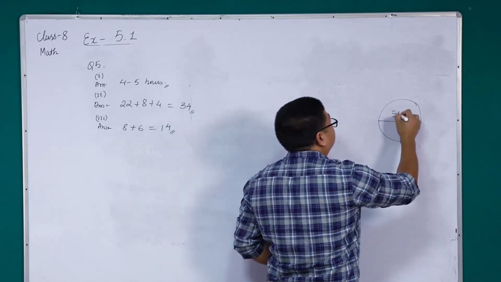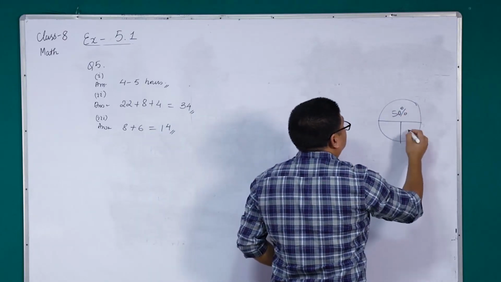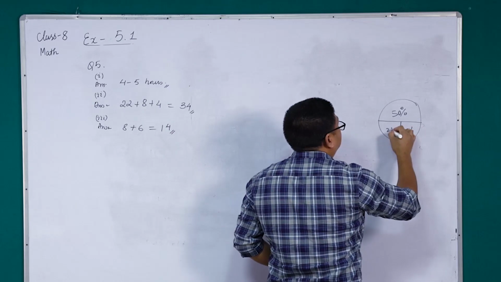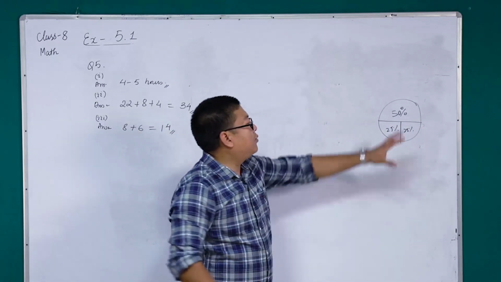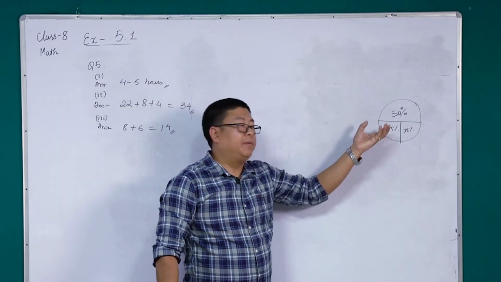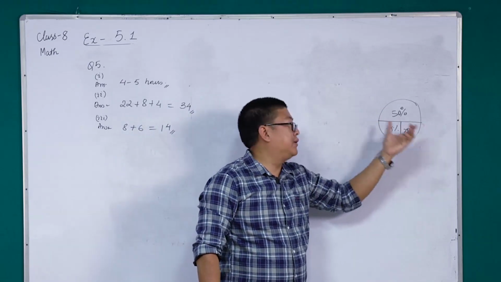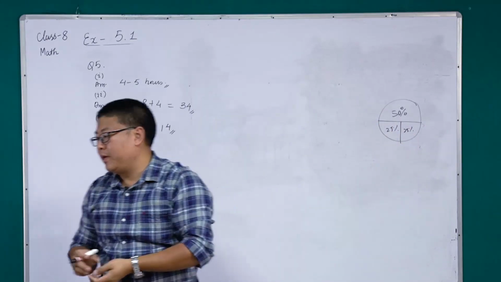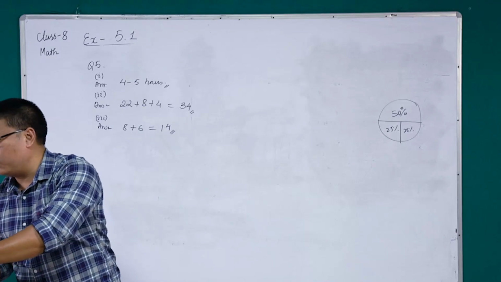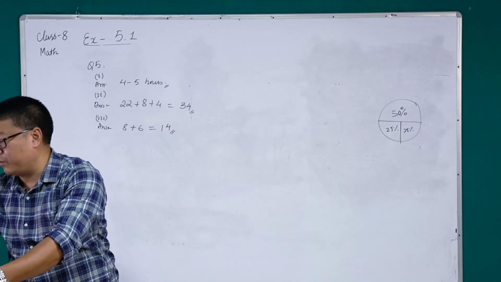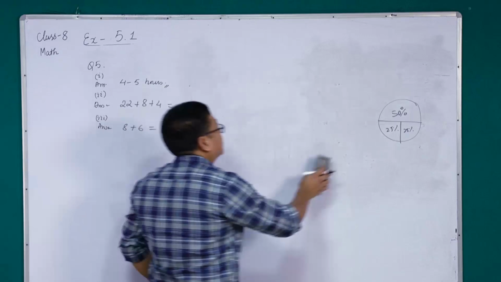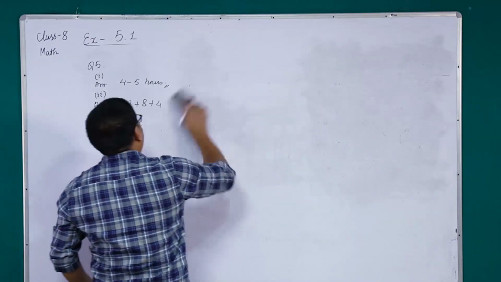For example, let this be 50%, let this be 25%, 25%. So this is how the pie chart will be distributed. It will change according to the question. Now this pie chart, we will be doing it practically, so I hope you'll get a better understanding when we do it. So let's turn to exercise 5.2.